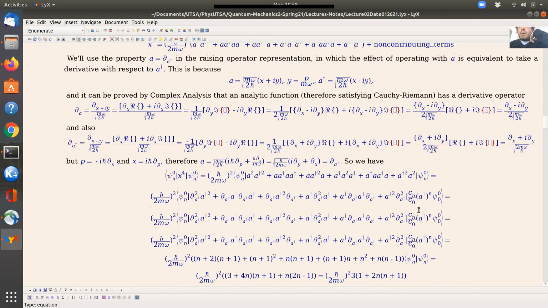And so, well, here what I did was substitute phi 0n in terms of the expression in the ground state and the raising operators, because I will have to analyze the effect of applying the partial derivatives with respect to a dagger.